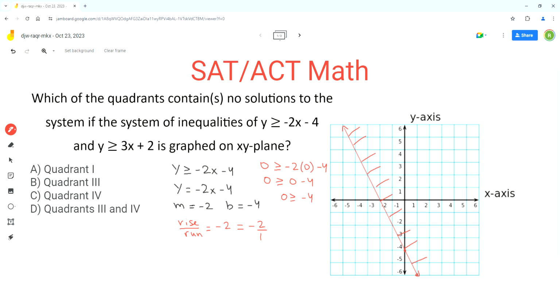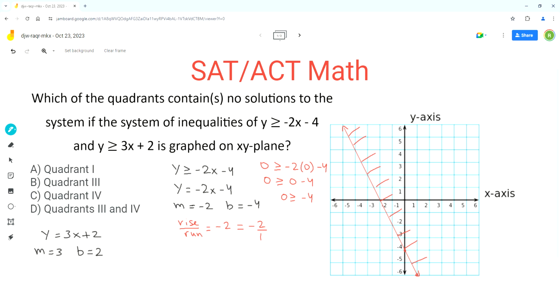Now we can sketch the other inequality. So let's start by sketching the equation for it. This equation is in slope-intercept form, and the slope of this line is 3, and its y-intercept, or the b value, is 2.